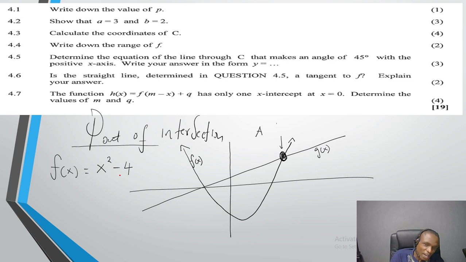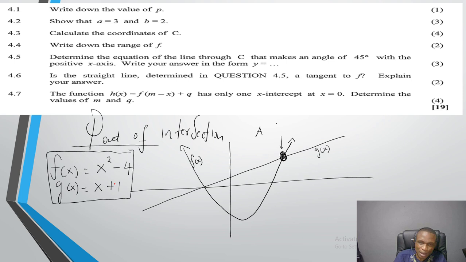But I'm saying suppose, don't worry, because I just want to explain the point of intersection. Suppose f of x, its equation is x squared minus 4. And suppose g of x, its equation is x plus 1. I'm just saying suppose.